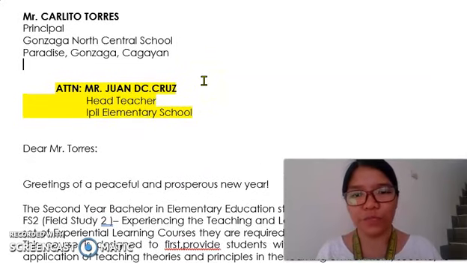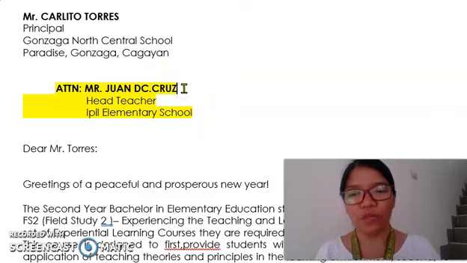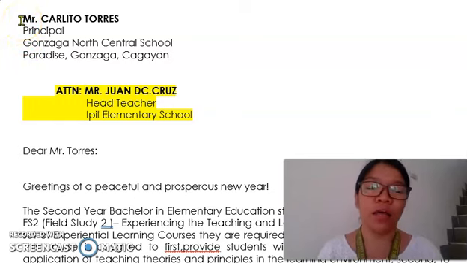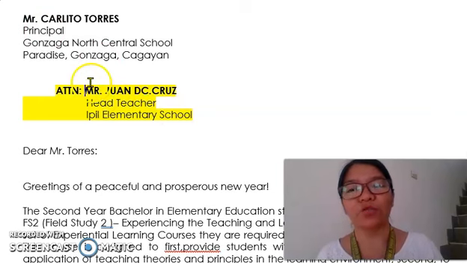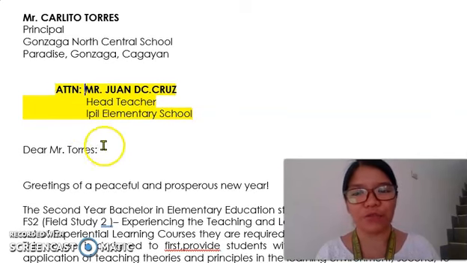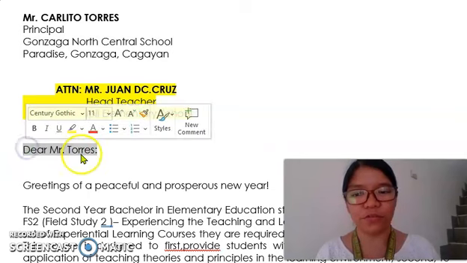This is so in cases where, for example, you want to invite Mr. Juan de la Cruz, but you want to follow protocol. You cannot just invite him, because you need to inform his boss, who is Mr. Carlito Torres, for example. So you need to write to Mr. Carlito Torres, but you put in the attention line the direct person you want to invite or be involved with. But still, the letter must be addressed to Mr. Torres.